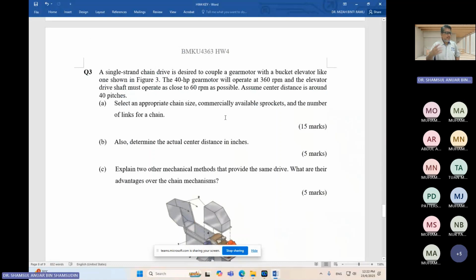So that's the velocity ratio VR between the two sprockets, small sprocket and big sprocket. Assume the center distance between the two sprockets is 40 pitches, in terms of P. So you need to know how long is one pitch.